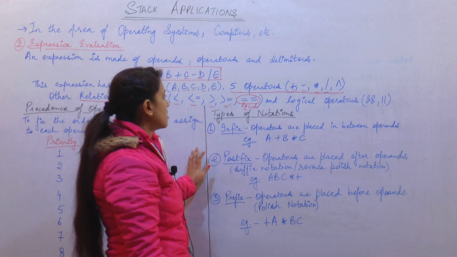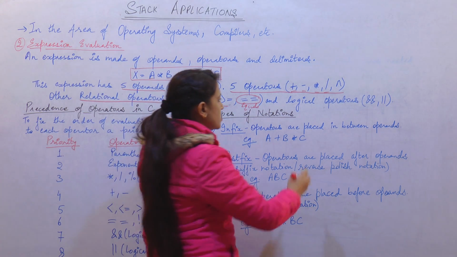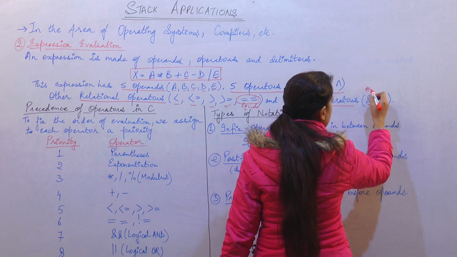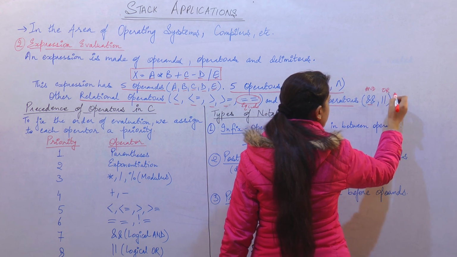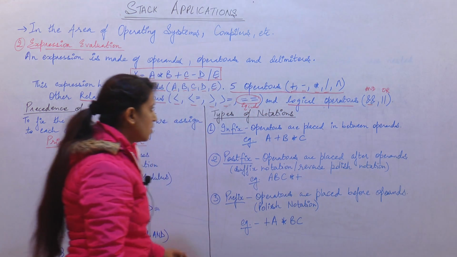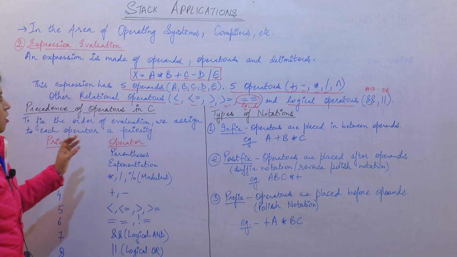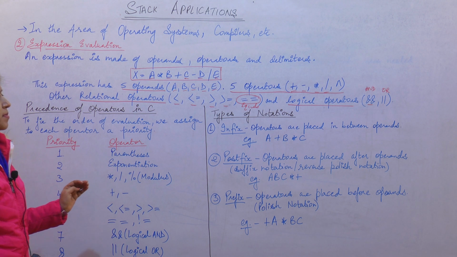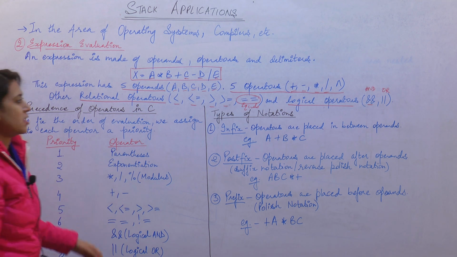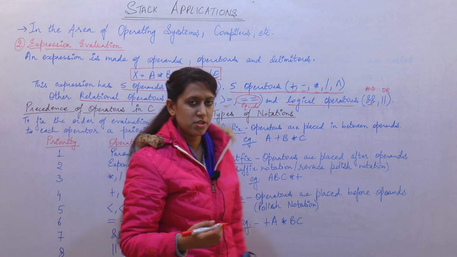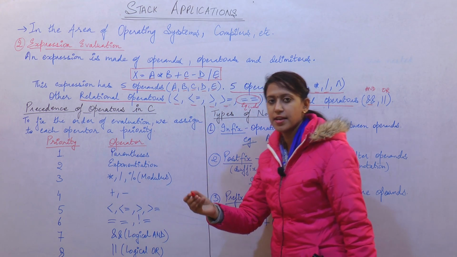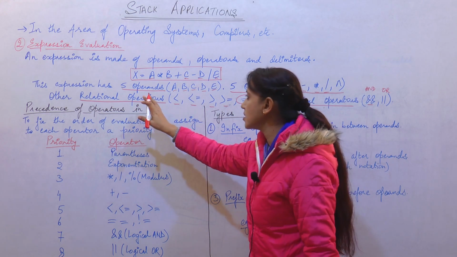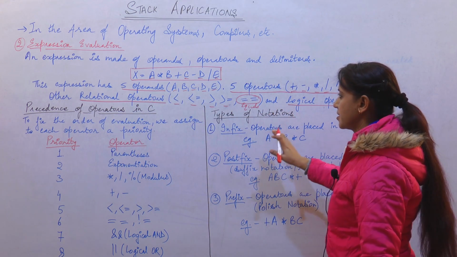And after relational operators, we have logical operators: and, or. So we will use operands, operators, relational operators and logical operators for expression evaluation. We can evaluate the expression according to these operands and operators.